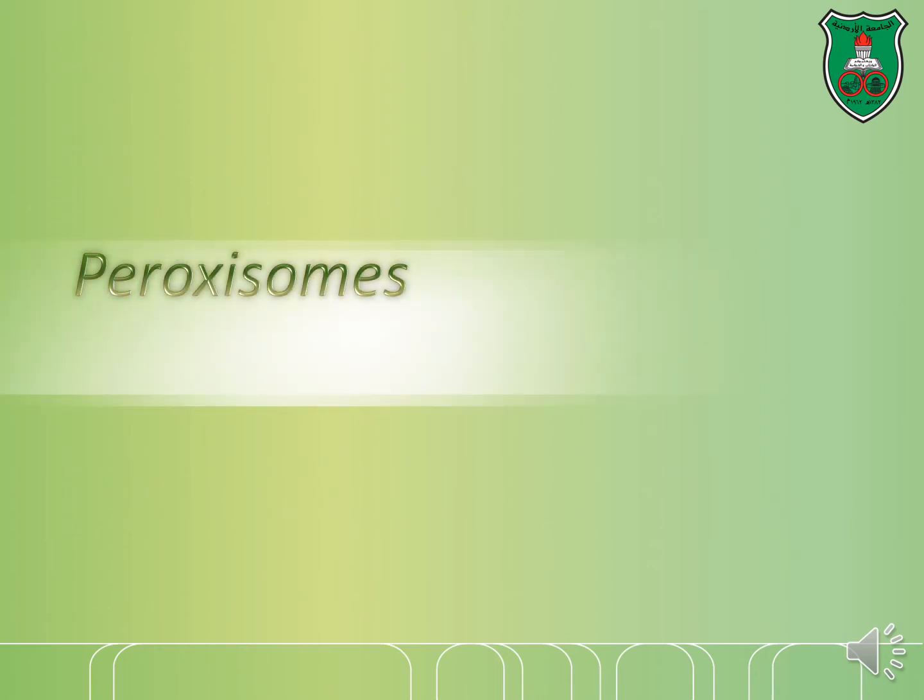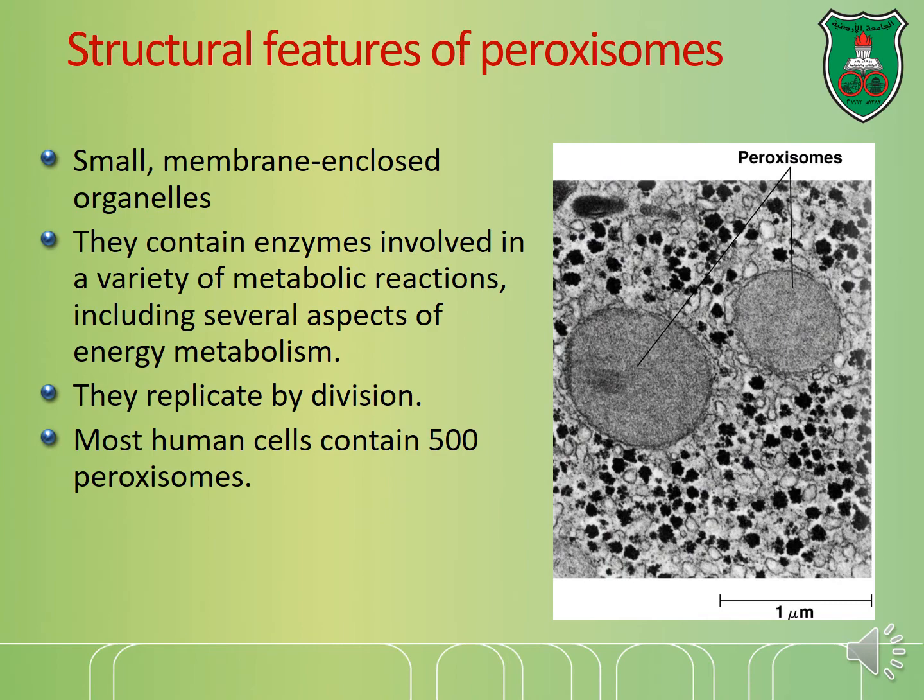So let's talk about peroxisomes in general. These are small membrane-enclosed organelles. Inside these organelles, you have a number of biochemical reactions that take place. One feature of peroxisomes is that they can replicate by division.